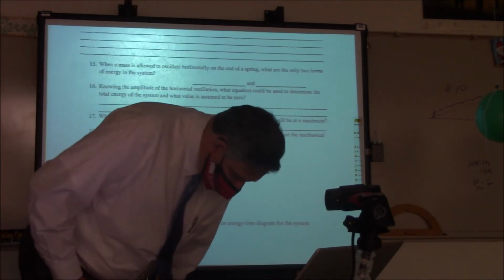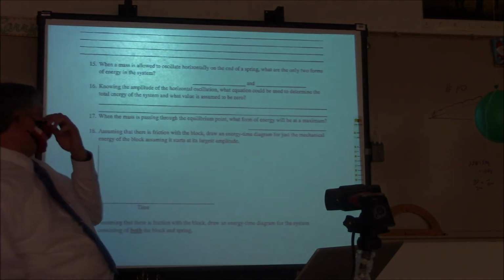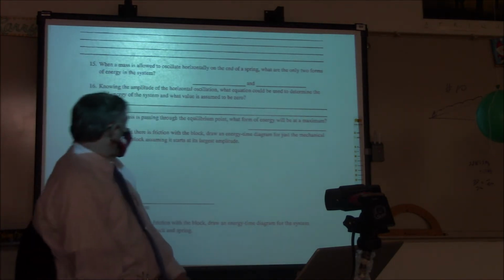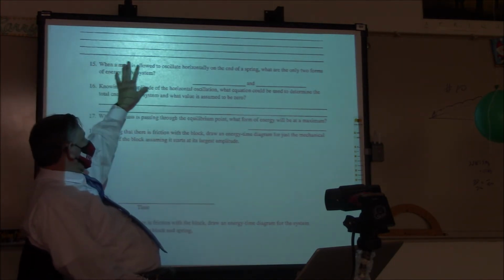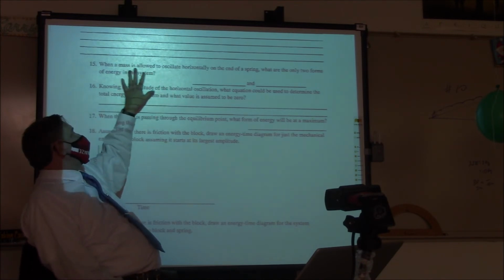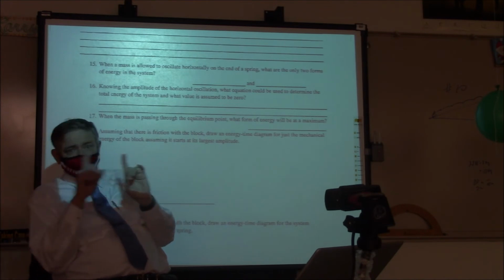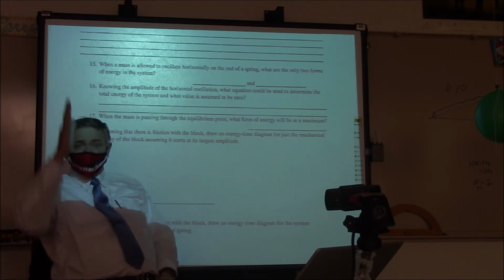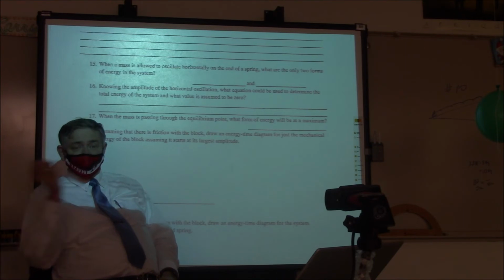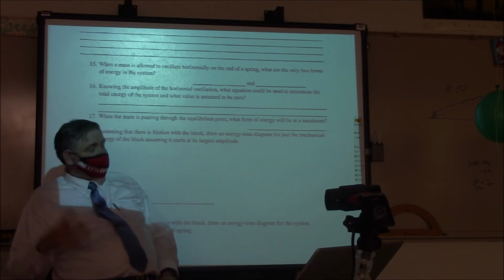Now, let's talk about this next part, and then I'm going to turn you loose. Let me explain what's going to happen on question number 15. The whole key to question 15 is that we're going to oscillate a spring horizontally. This isn't going to be a vertical oscillation. It's only going to be a horizontal oscillation.